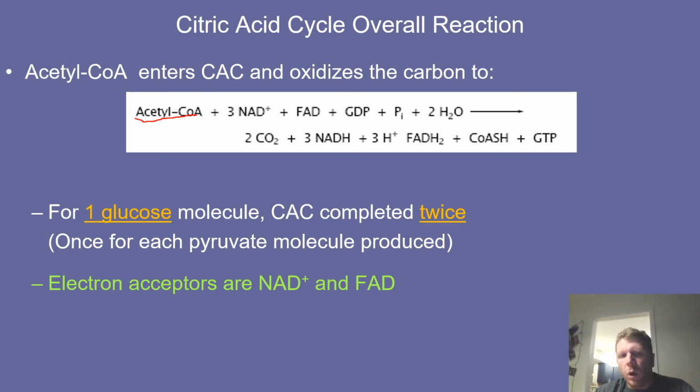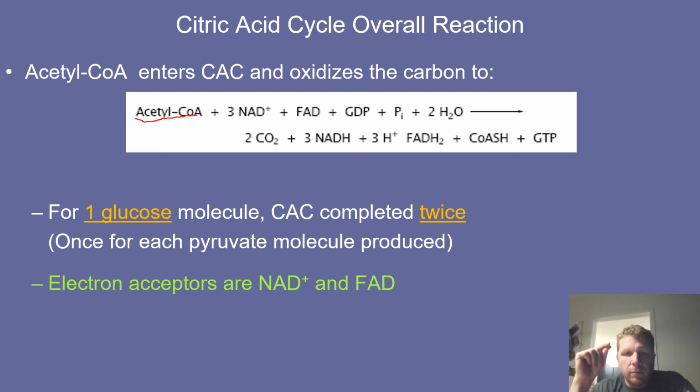So for one glucose molecule, keep in mind, early on in glycolysis, we take the 6 carbon molecule and we break it into 2 3 carbon molecules. And then we go all the way through and make our 2 pyruvate molecules, our 2 3 carbon molecules. Now, we branch off here, and we no longer really talk about it happening 2 times, but effectively keep that in mind.